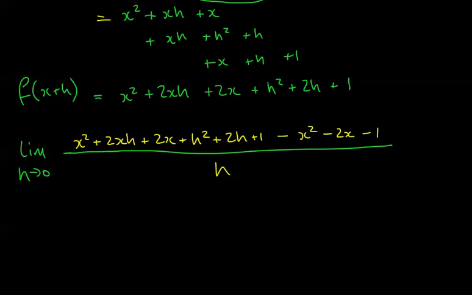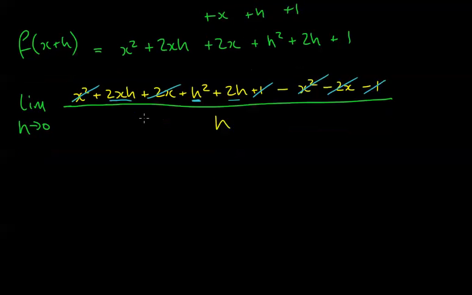Let's see what cancels out. We've got an x squared and a minus x squared. They can go. We have a 2x and a minus 2x. They can go. We have a plus 1 and a minus 1. That can go. So what are we left with? We are left with an h squared, a 2h, and a 2xh. Now let me write that out here.